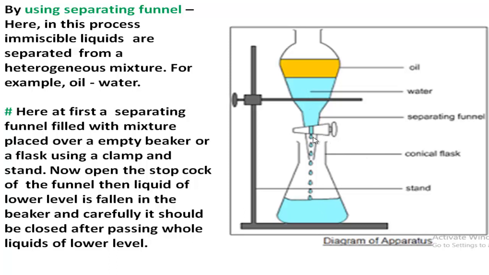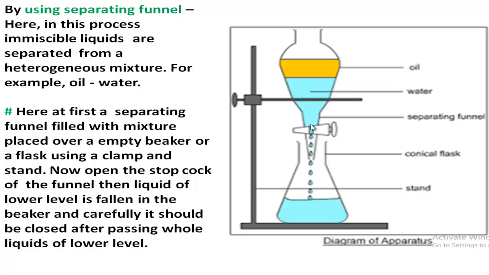So when we open the stopcock, the water from the lower level falls through this narrow end of the separating funnel and is received in this conical flask. When all the water is coming through this narrow end, we have to be careful here.